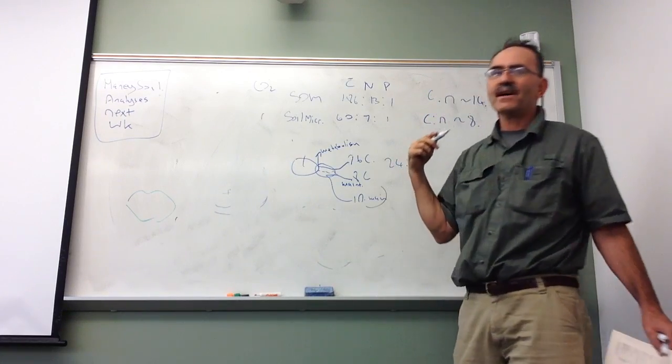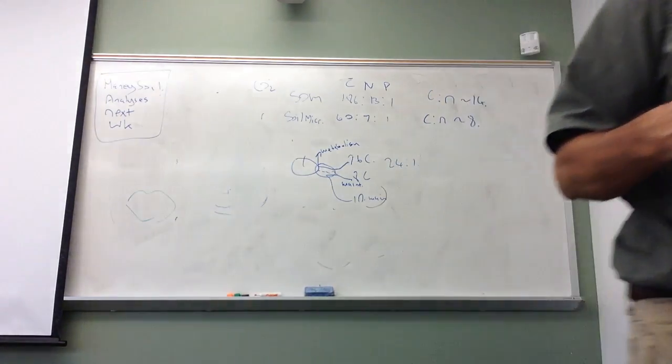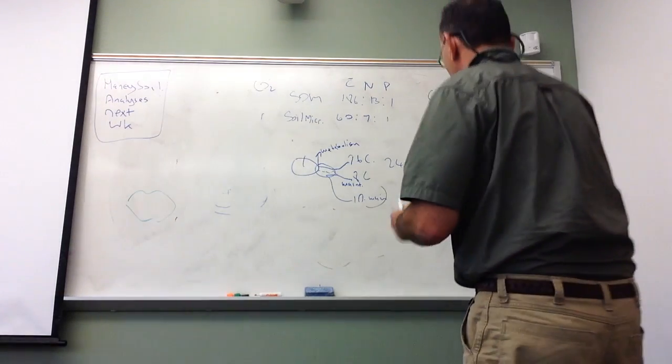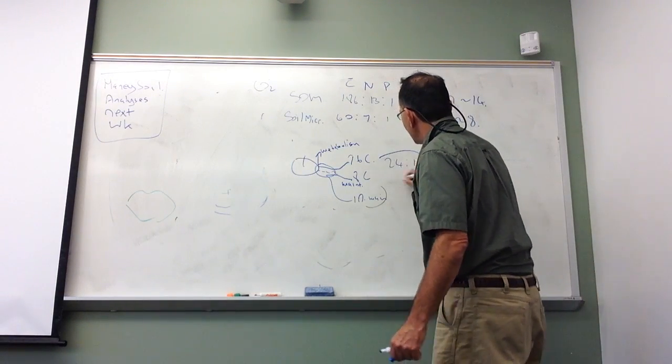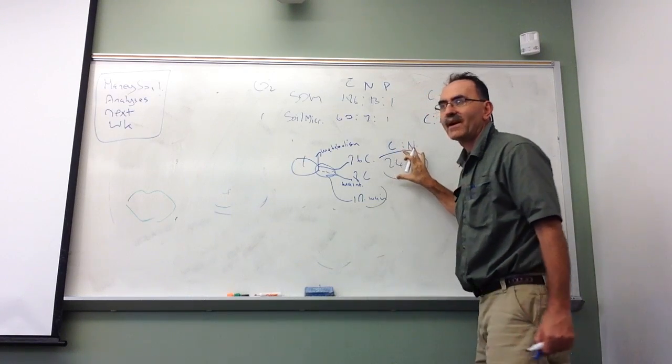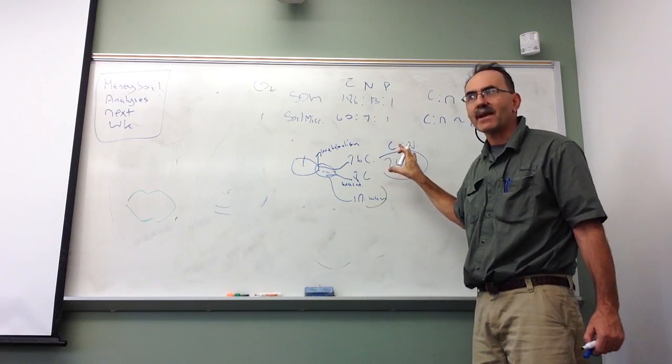We have found empirically that if you have a compost pile, or something like a compost pile, and your carbon to nitrogen ratio is 24 to 1, you'll find quite a lot of reaction going on.